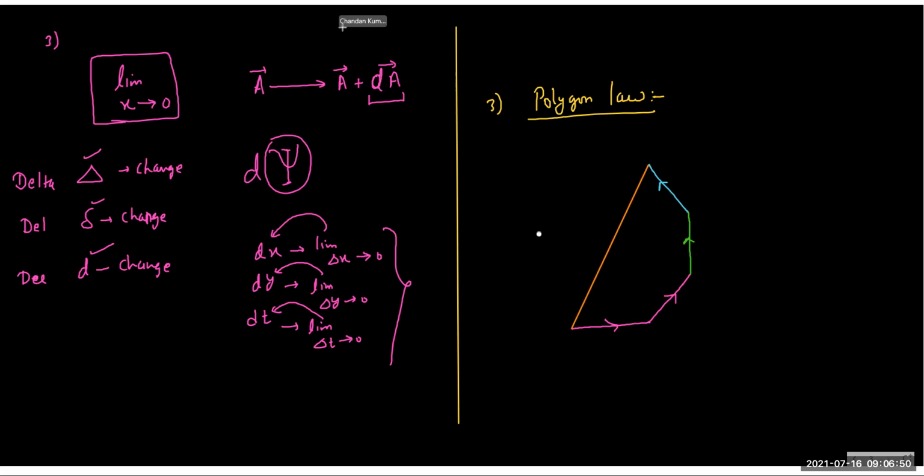The line I'm drawing is closing the polygon, and this gives you the resultant of all these vectors. I can name them A1, A2, A3, and maybe continue to A4. Let's end it. So R here represents the resultant of A1, A2, A3 and A4.